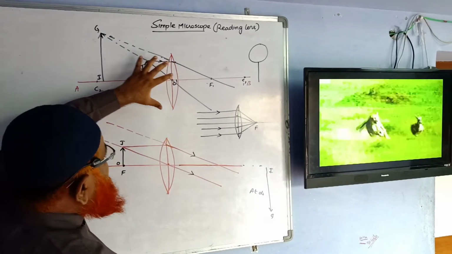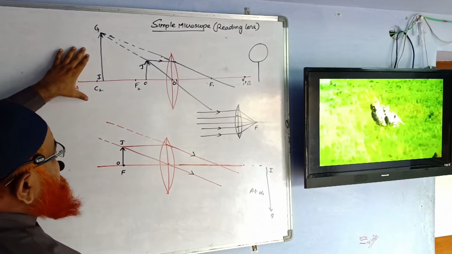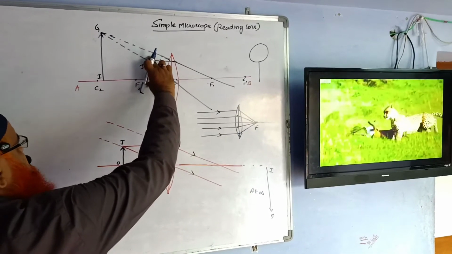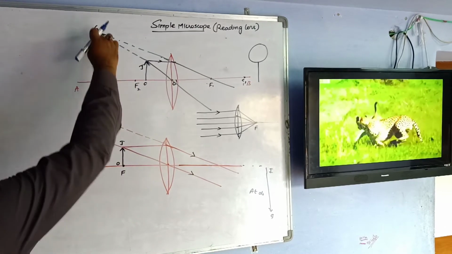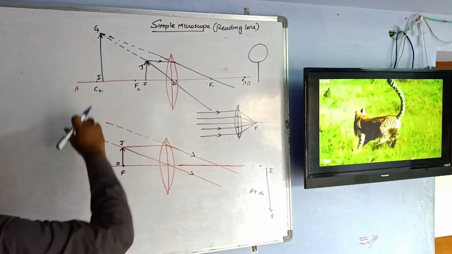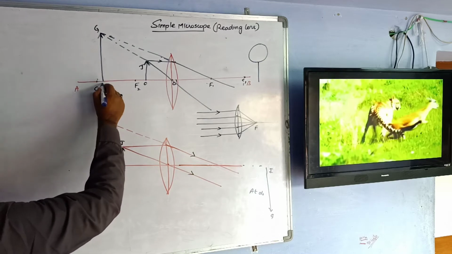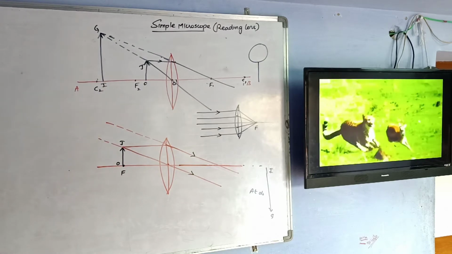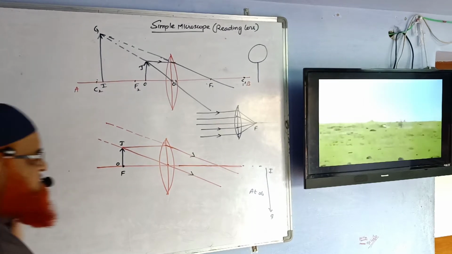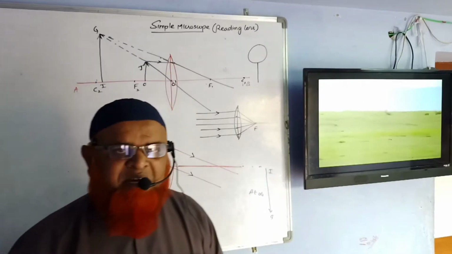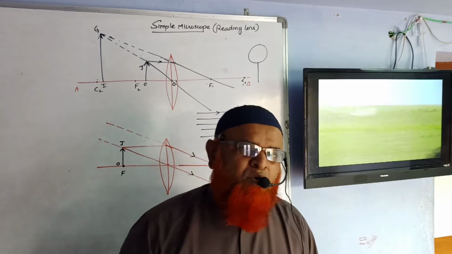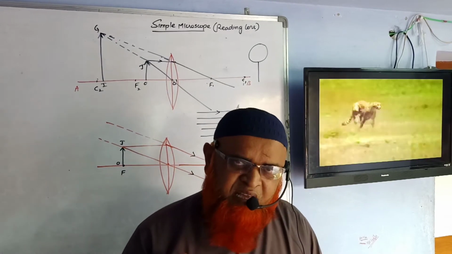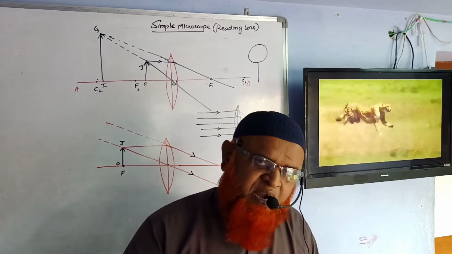Now, to judge the magnification in this case, what you have to do? You have to keep an object somewhere on this image so that you can compare. I am shifting the object here. Why am I shifting? For example, if you want to compare your height with my height, you can't compare from that distance. You have to stand beside me exactly and then we can compare our heights.